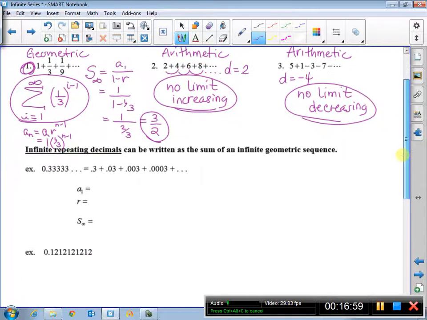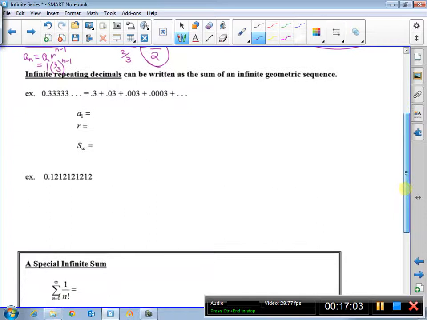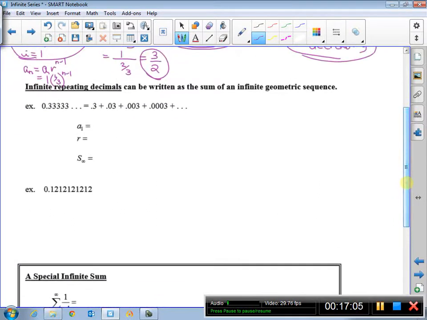Now at the end here, we look at something that we're maybe more familiar with, but we can relate it to this topic of the infinite geometric sequence. So the first examples, these are infinite repeating decimals. We know these. If we say 0.3 repeating, it's really the same as 0.3333 dot dot dot.